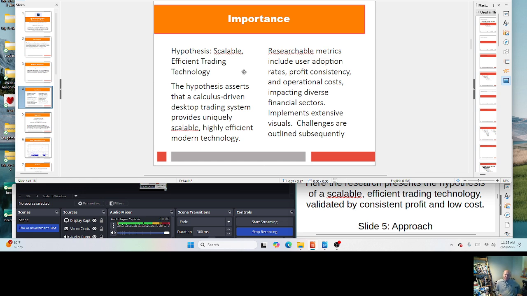The hypothesis asserts that a calculus-driven desktop trading system provides uniquely scalable, highly efficient modern technology. Researchable metrics include user adoption rates, profit consistency, and operational costs, impacting diverse financial sectors. It implements extensive visuals. Challenges are outlined subsequently in the next slide.